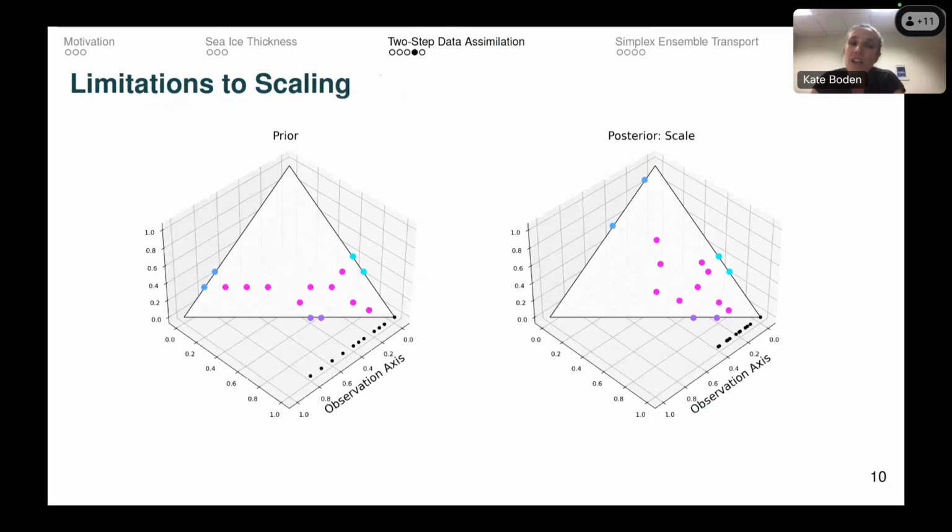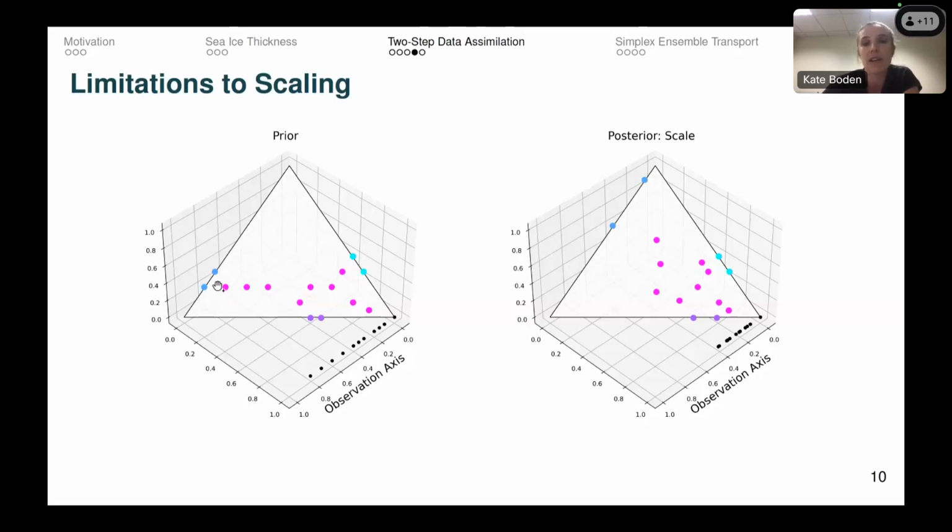The limitations, though, to scaling are that you can never move off a boundary. I'm showing you that here, where this is a toy model that I created, where you have 15 ensemble members, and I color-coded them by where they live. So we have light blue living on this boundary, purple here, and dark blue here. And then the pink is all the members living in the interior of the simplex.